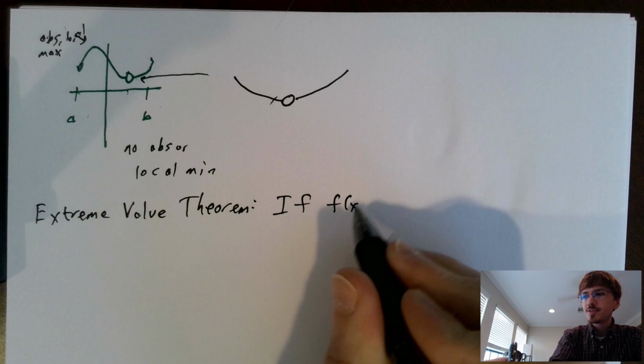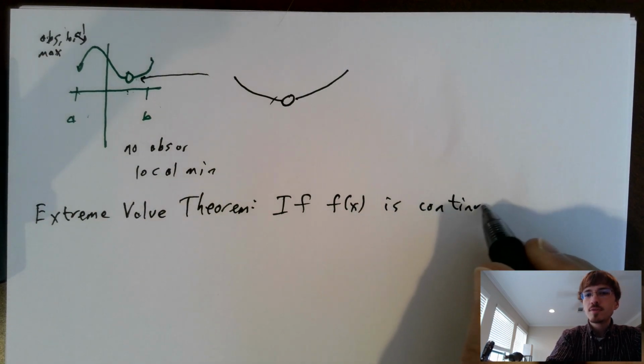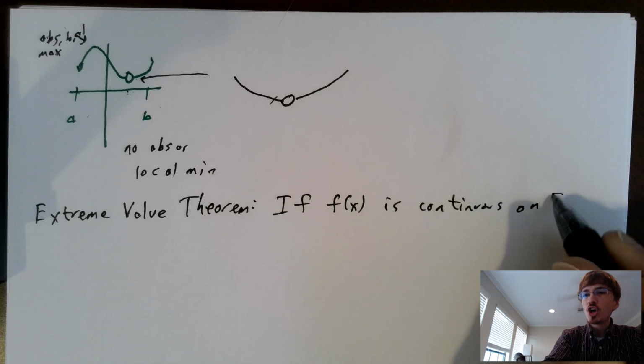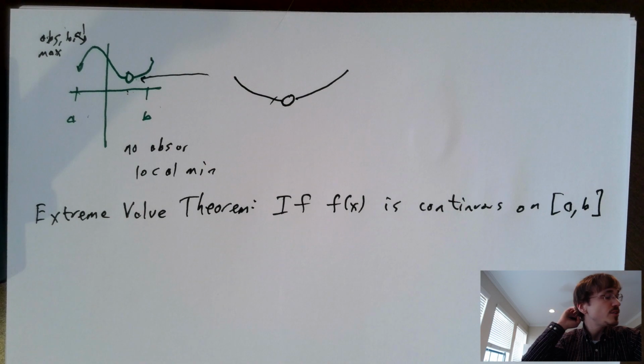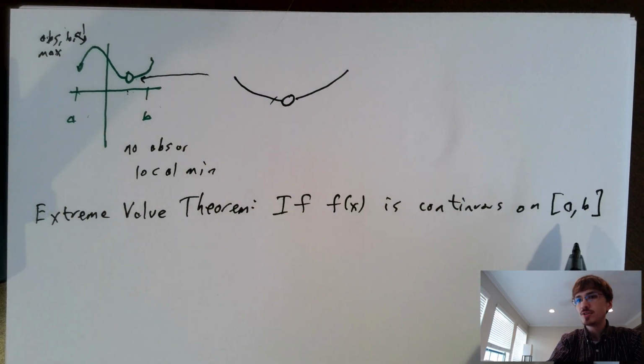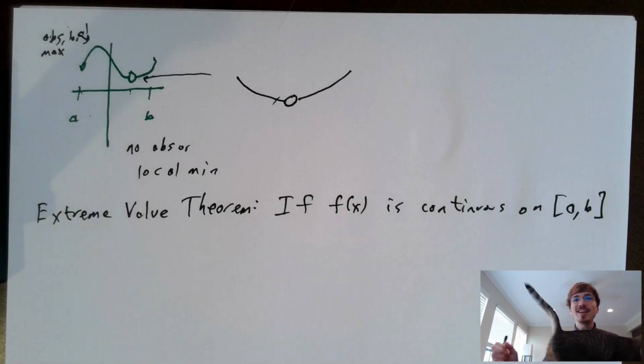If f of x is continuous on the closed and bounded, so it can't be the entire real line or anything, if it's continuous on some closed bounded interval AB, here's my cat. She's a good cat.